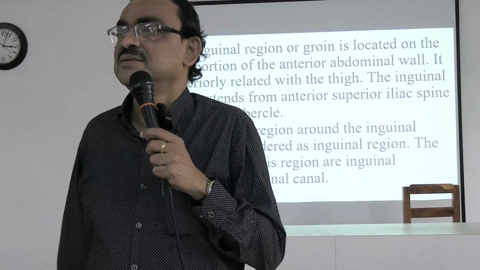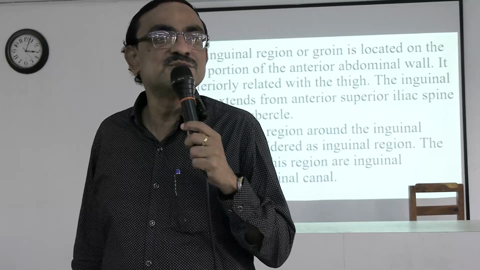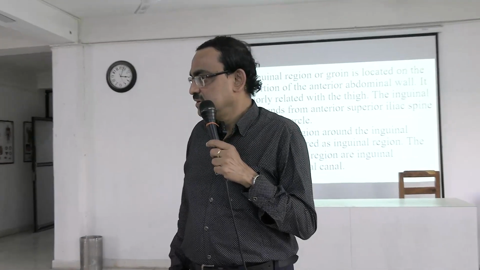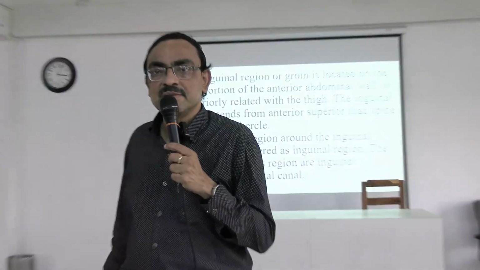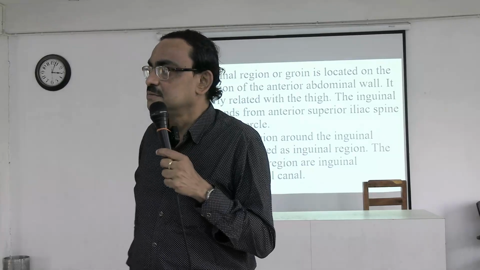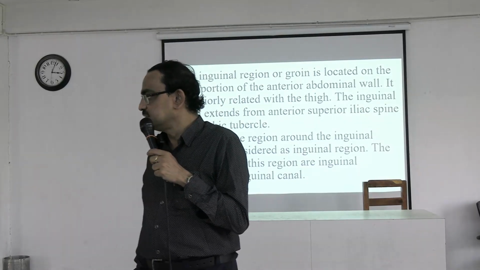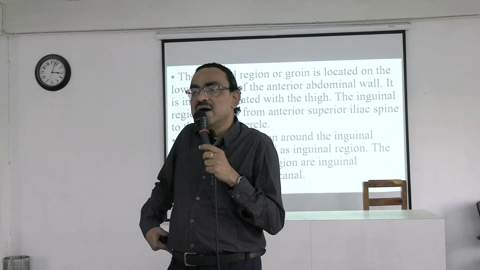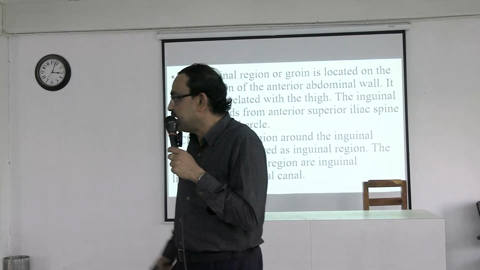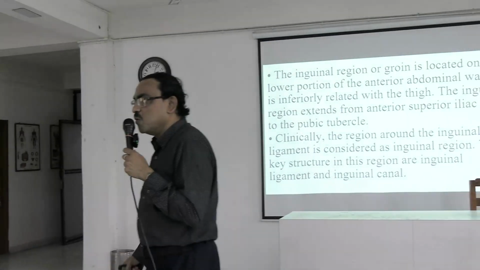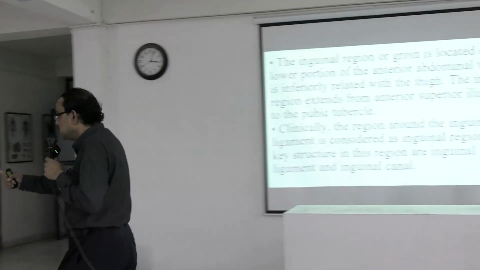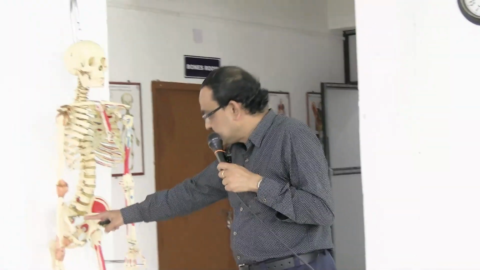And in between, we can expect some subcutaneous blood vessels. One is directed towards the anterior superior iliac spine. One is directed towards the umbilicus. And one is directed towards the symphysis pubis.